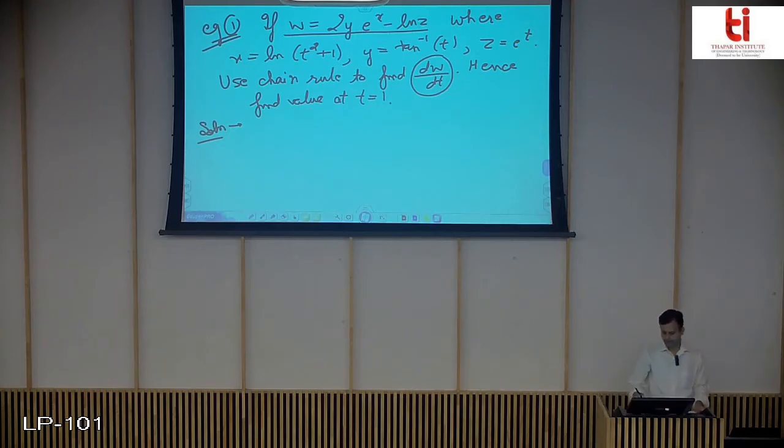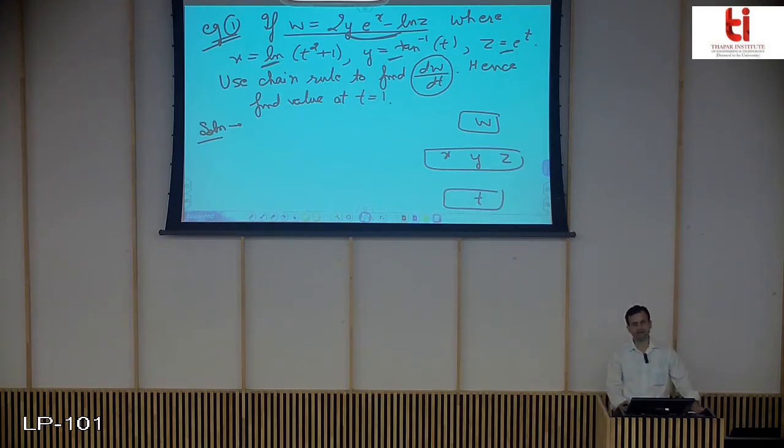So you can see the situation here, w is the dependent variable, it depends upon x, y and z, three variables, and those x, y, z in turn depend upon variable t. So this is the situation that we discussed in the last formula.